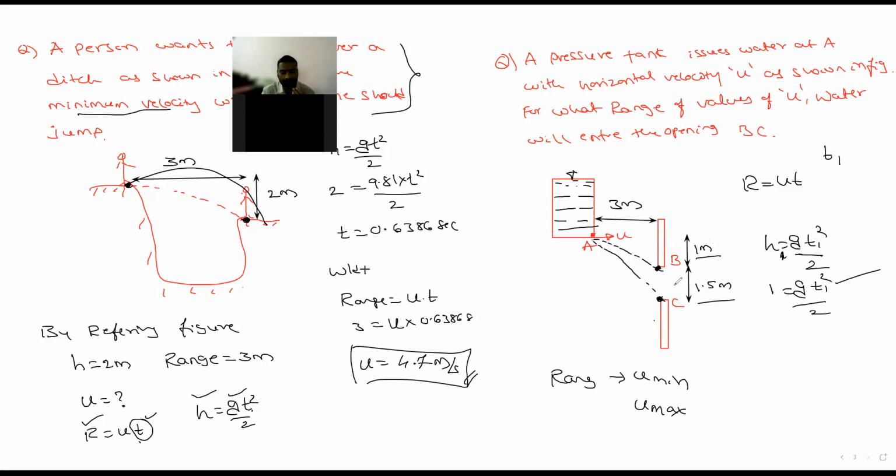Yes, any doubt, sir? Where are the water particles projected from? From here to B. Total, नहीं चाहिए हमको. We need from the water particle to B, he has given 1 meter, next water particle to C, you have to take. समझ में आ गया? Yes. Okay, will you solve this one? Okay.